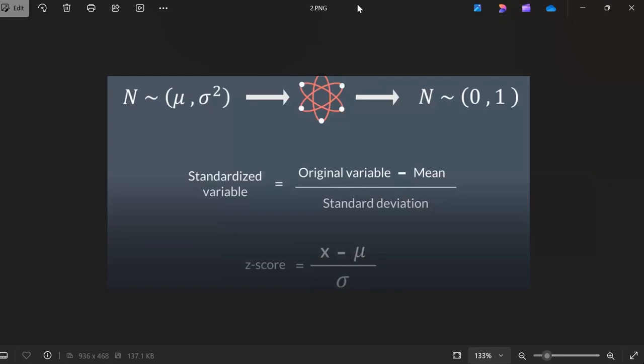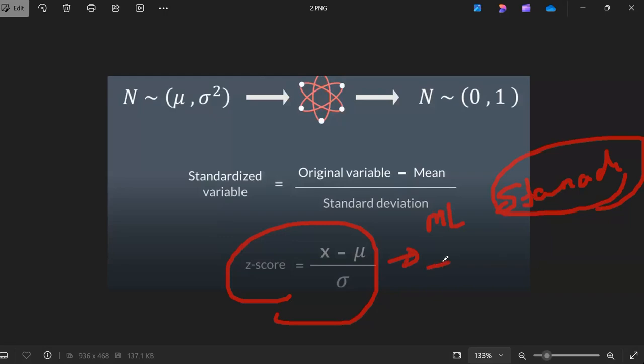Okay, now, what is the Z-score? X minus mean over standard deviation, in machine learning I call it the standardization technique. In time series, I call this concept white noise.